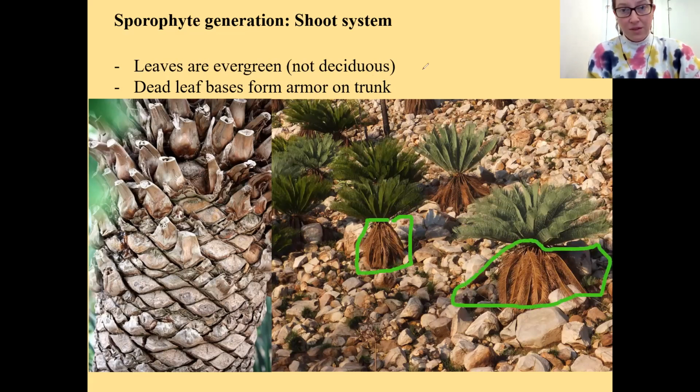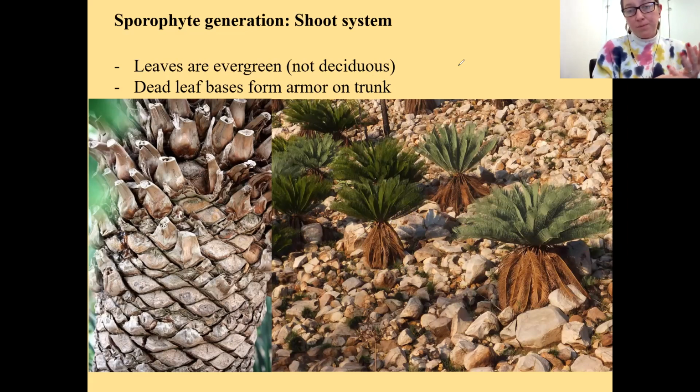So if you have one of these as a house plant and the lower leaves of your cycad aren't doing so great, that's normal, because they make new leaves from the top, and as they do, the lower leaves will die. So you can feel free to remove those dead lower leaves for aesthetic purposes if you want.